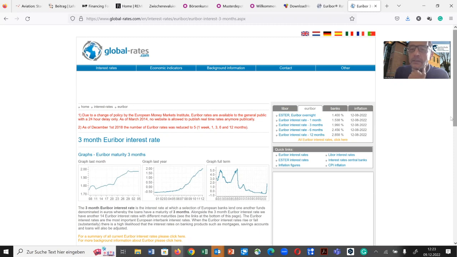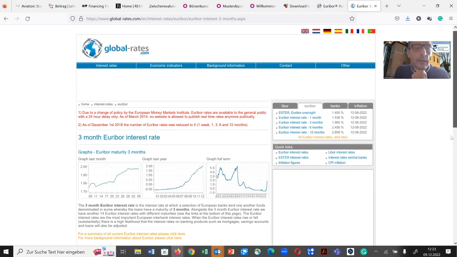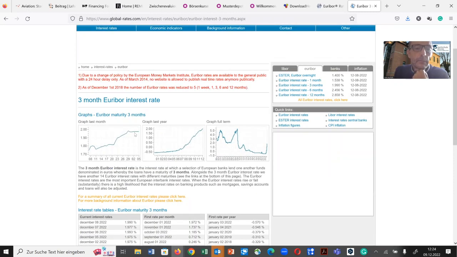That means that the customer of a bank has to pay a certain amount more than that one here. It might be that the bank charges an additional 2% for the work they have to do, for the risk of the customer, and so on.